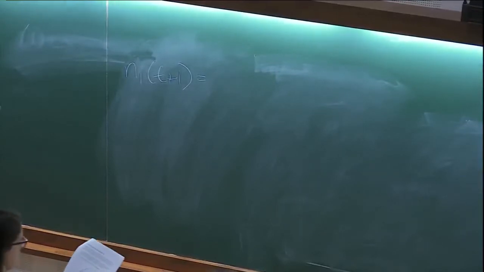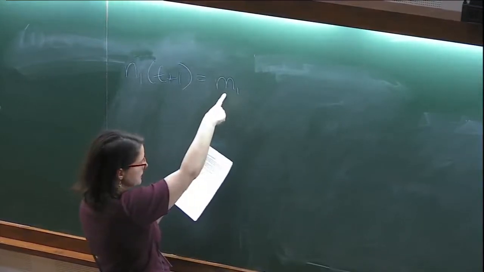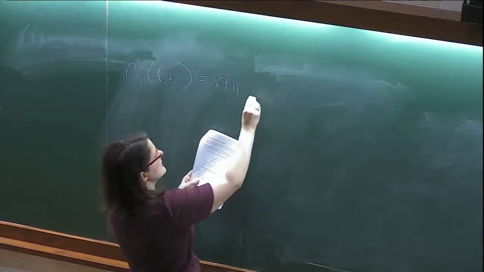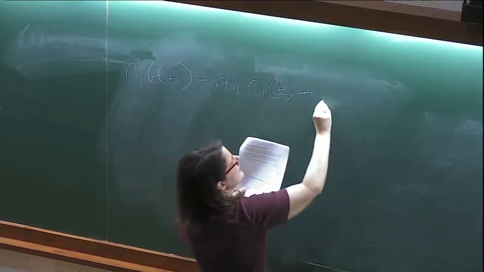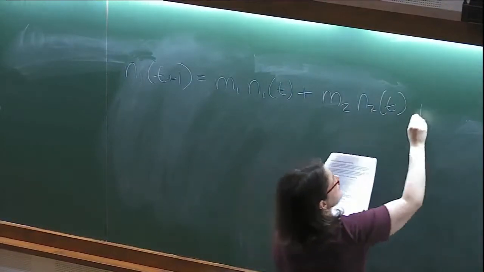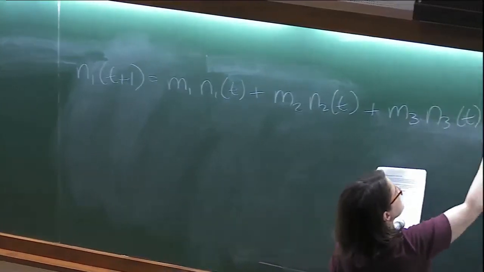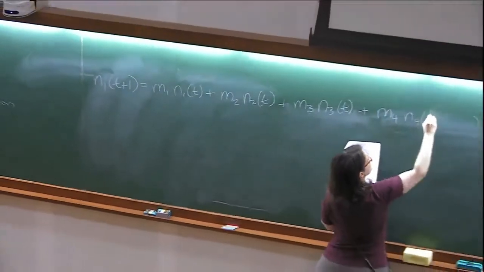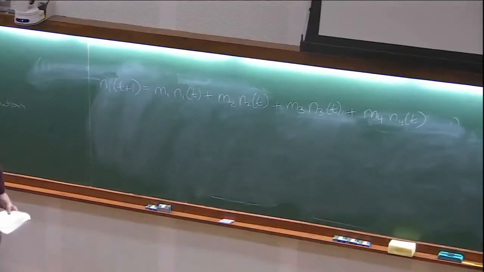And this case is very simple. It's the reproductive number for stage 1 times how many we had in the previous time unit. And the same for each age class. Right? So that's all the different ways you can get into age 1.